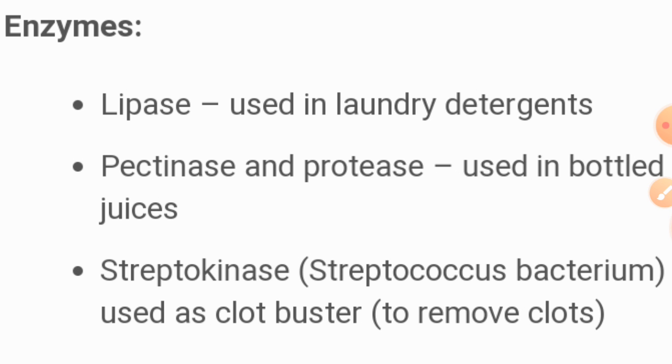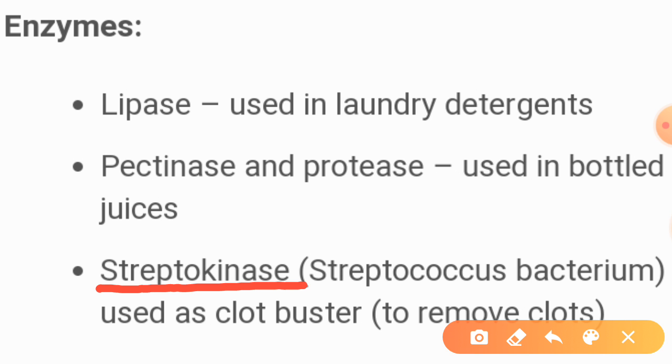On the other hand, there is a special type of enzyme that is called streptokinase. I think everybody knows about streptokinase. It is very important. Many times it can be asked in our syllabus or in NCERT questions as well as in board questions. This streptokinase can be obtained from the streptococcus bacteria.